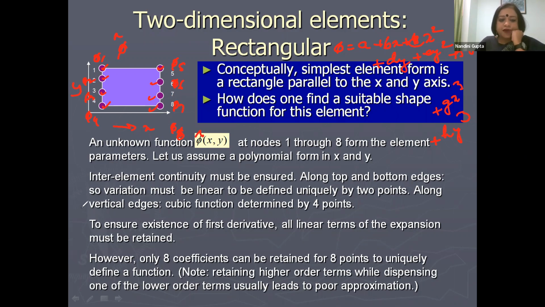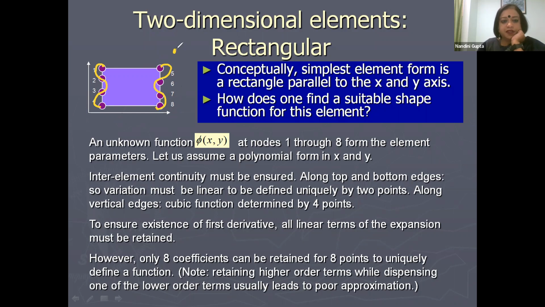Now we have to ensure inter-element continuity, which means that along the edges, the function must be uniquely defined. Now, if I have to define a function uniquely, it must be something like this.